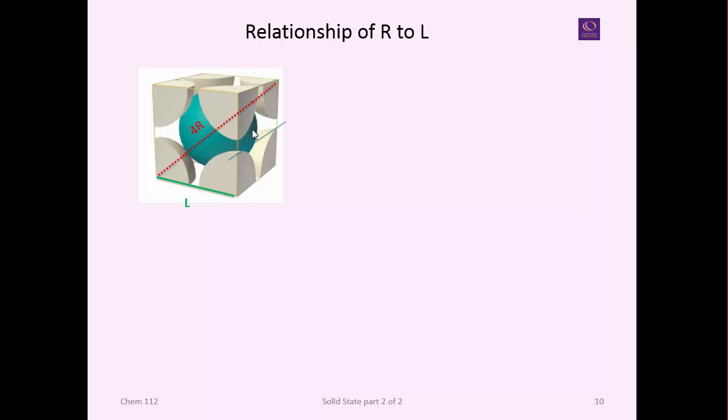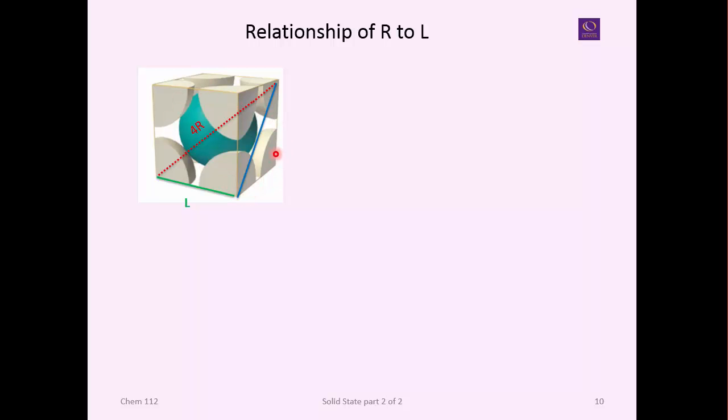Let's put in this blue line, which really is from this lattice point along one face to the other lattice point. It's basically the diagonal. The nice thing is that blue diagonal is related to L, right? These lengths are all the same. It's a cube.